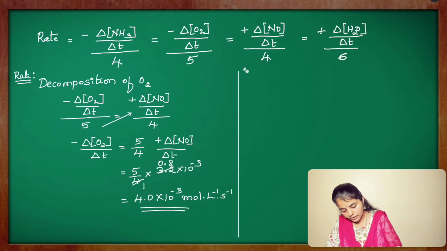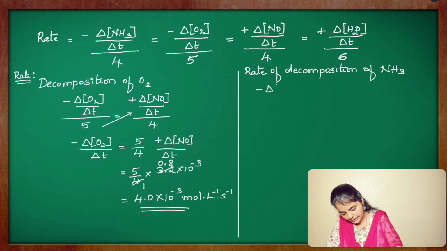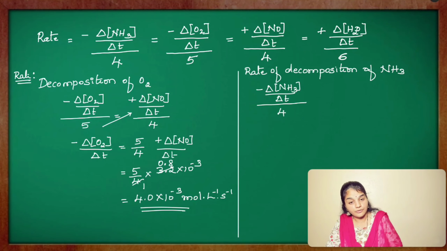Similarly, if they ask for the rate of decomposition of NH3, we can write minus delta NH3 divided by delta T, which is divided by its stoichiometric coefficient 4, that's equal to the rate of formation of NO, which is given, so delta concentration of NO divided by delta T, which is divided by 4.